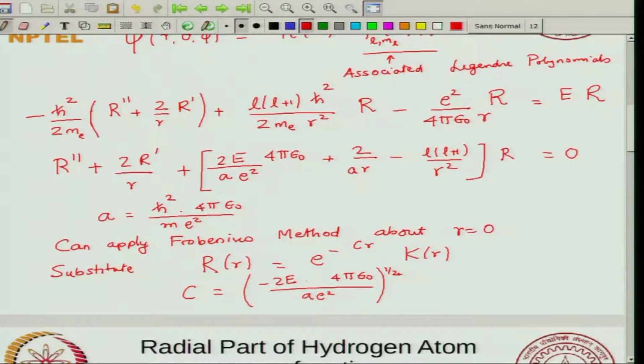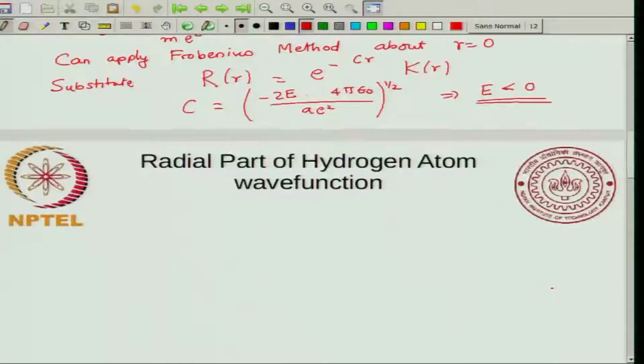So it will exponentially go to 0, and that power of this exponential is exactly this. So the coefficient of the exponent is this, and basically this immediately tells you that E should be less than 0. So the energy of this electron in the hydrogen atom should be less than 0, and that basically says that the electron is bound. Okay, it is not free to go.